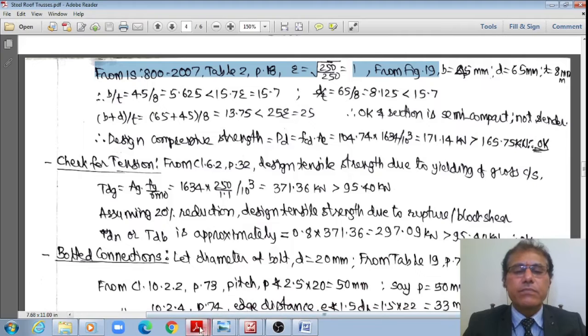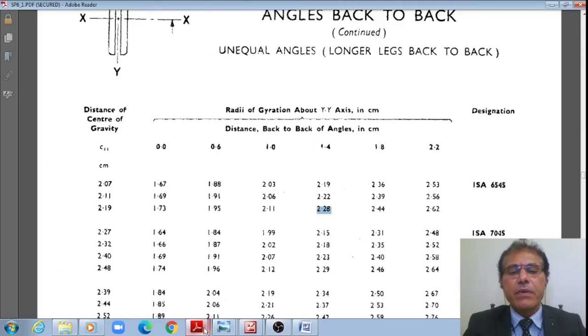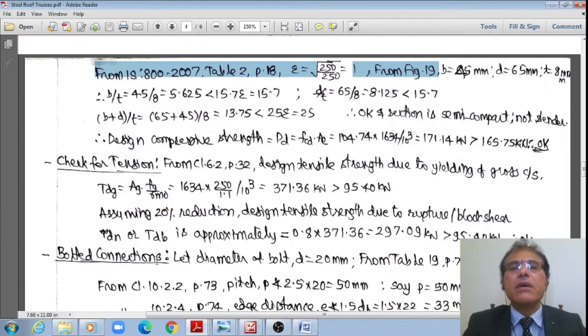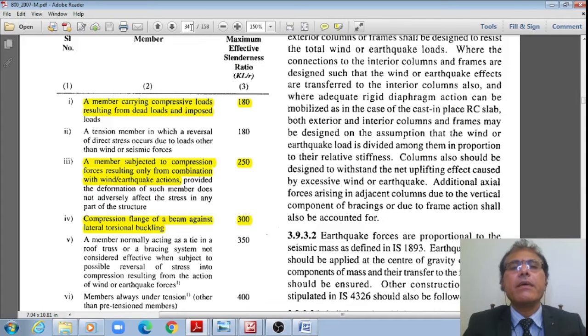Figure 19 of IS 800, on page number 18. Let me go to page number 18. Just bear with me for a moment, right? Yes, 18.